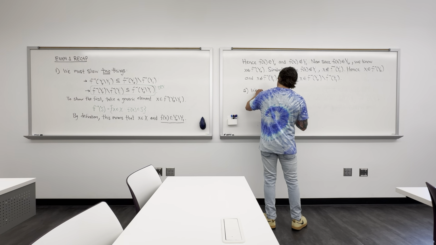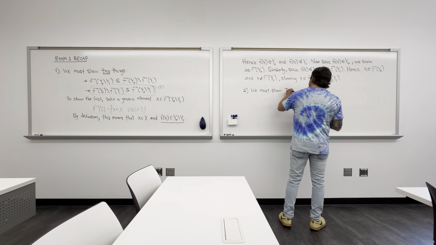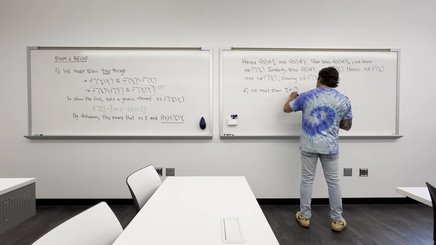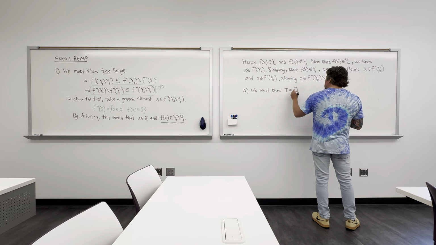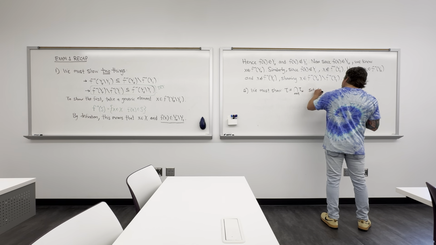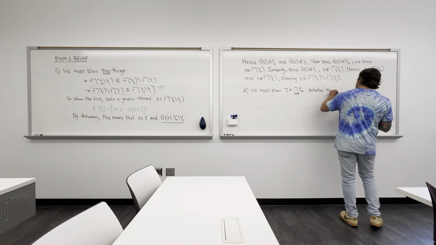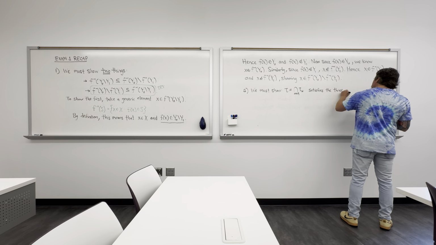So we must show this defined tau, the intersection over alpha in some indexing set of tau alpha, is a topology. So we need to show that this satisfies the 3 conditions.